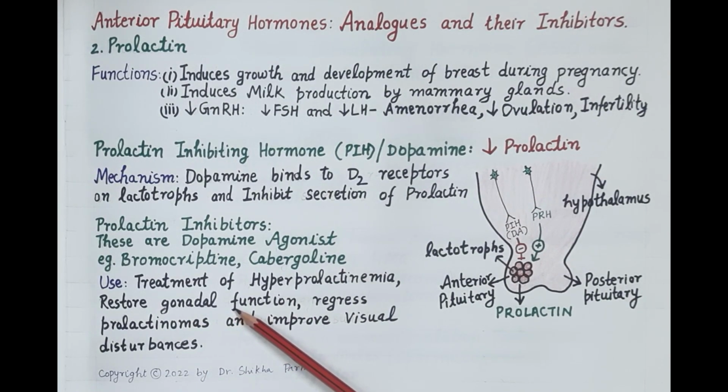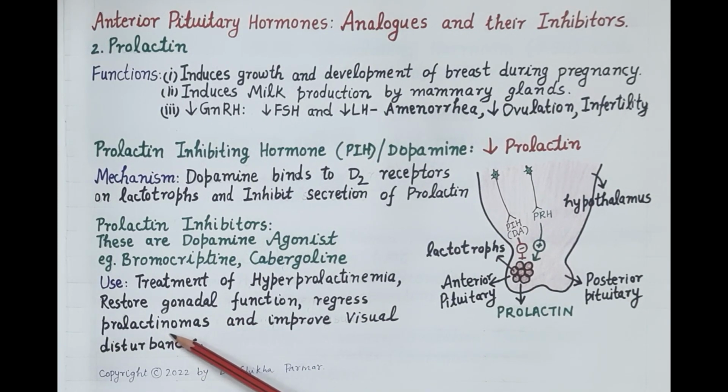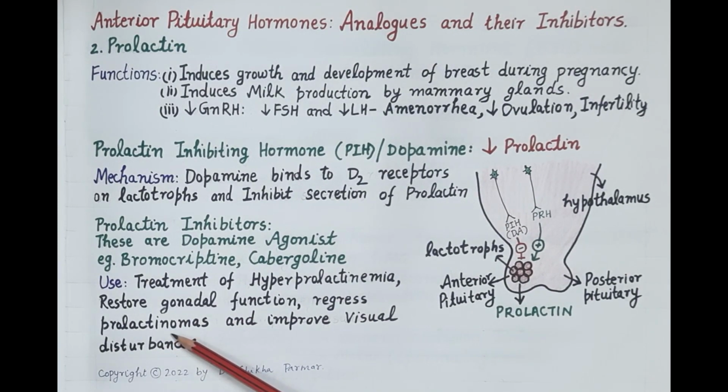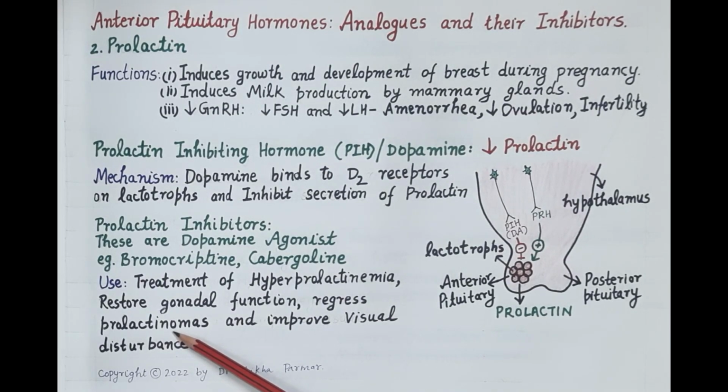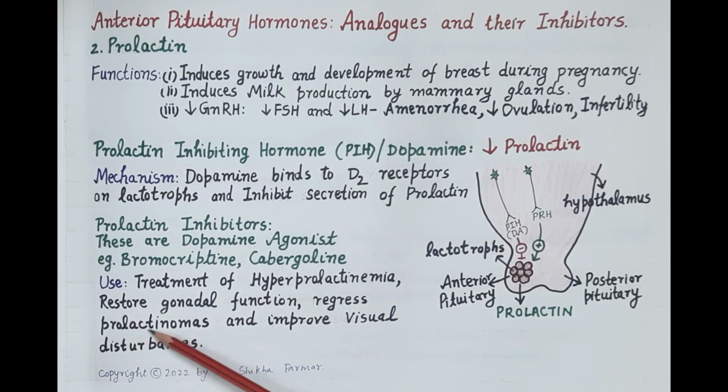Now, increased prolactin can also be caused because of prolactinomas. Prolactinomas are benign tumors of the pituitary gland that produce excessive prolactin. So, in addition to increased secretion of prolactin, these prolactinomas also compress the optic chiasma and cause visual disturbances.